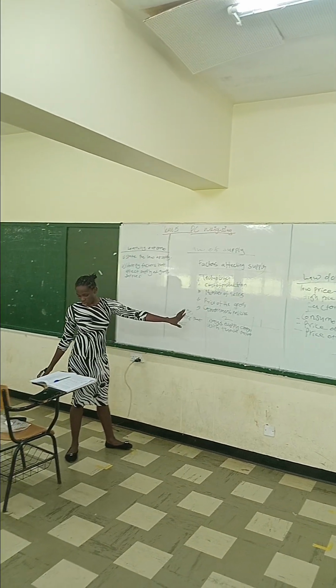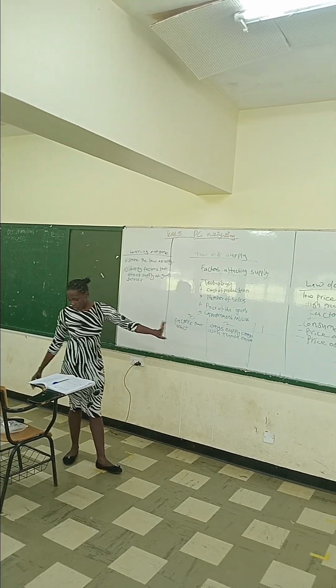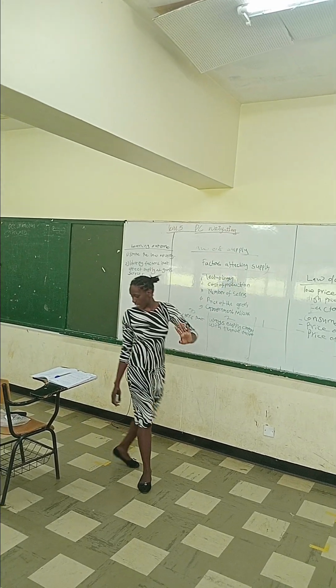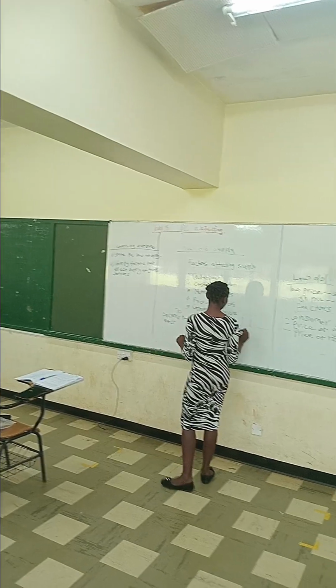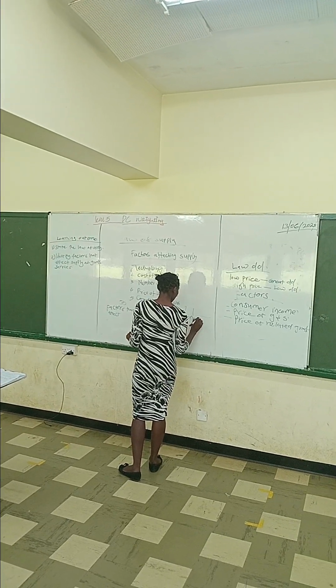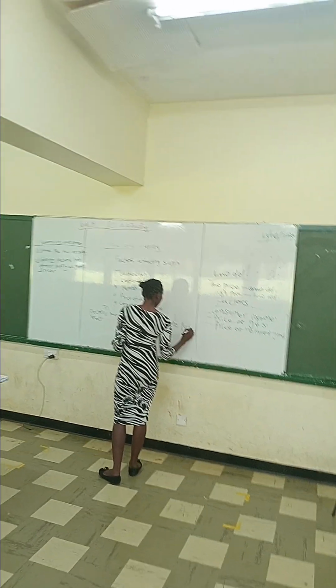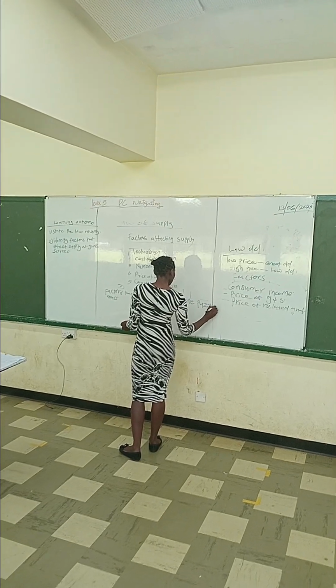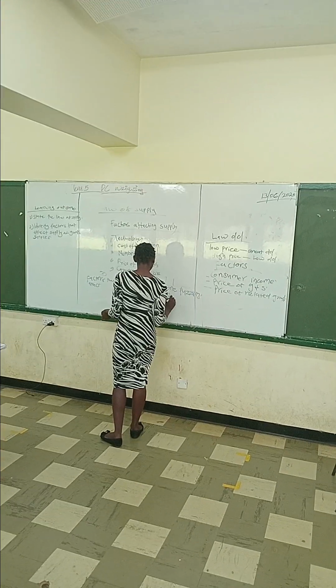And in the last column, write 1 question you still have about supply. Write 1 puzzling question, something that is still disturbing you on supply.